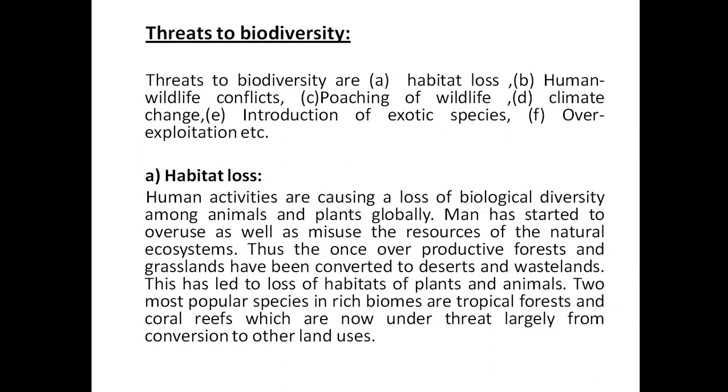This has led to loss of habitats of plants and animals. The two most species-rich biomes, tropical forests and coral reefs, are now under threat largely from conversion to other land uses. Thus, habitat loss is one great threat to biodiversity.